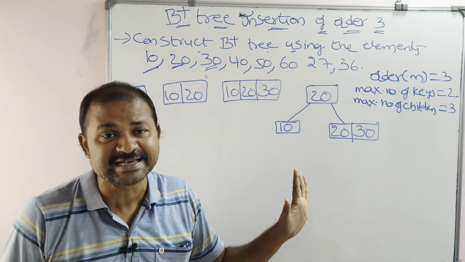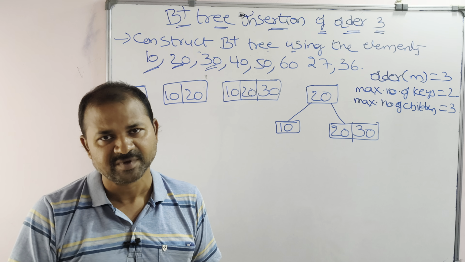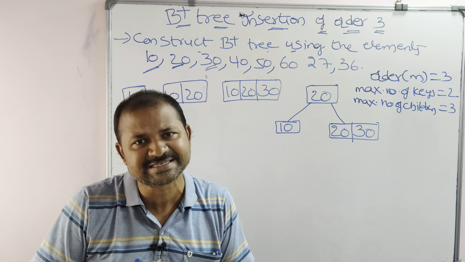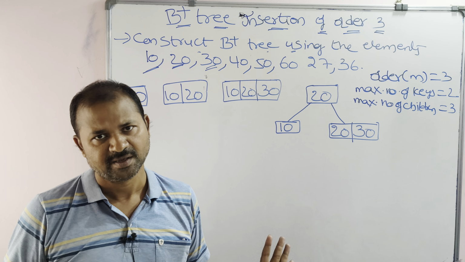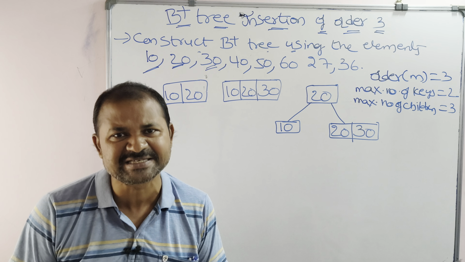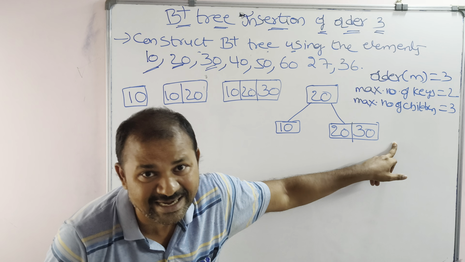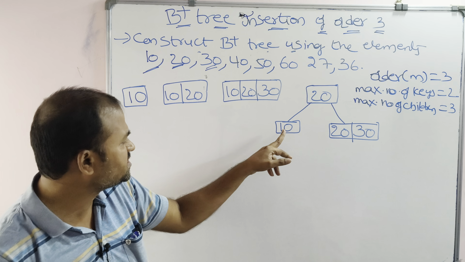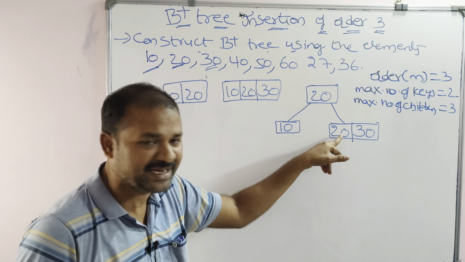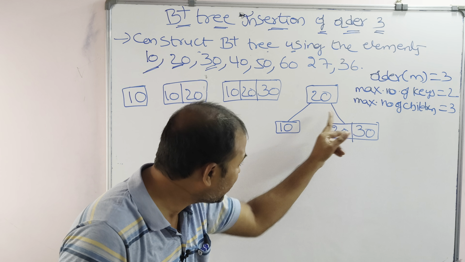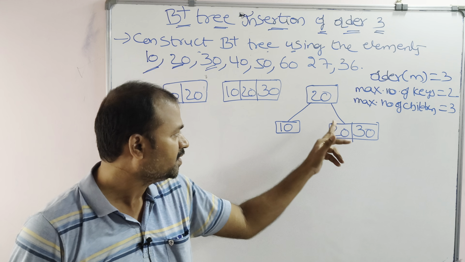Internal nodes don't contain keys here. If we take the B tree, we can store keys in both leaf nodes as well as internal nodes. Whereas in B plus tree, the keys must always be stored in leaf nodes. So that's why here we have to store the 20 here. So here the right leaf contains 20 as well as 30.